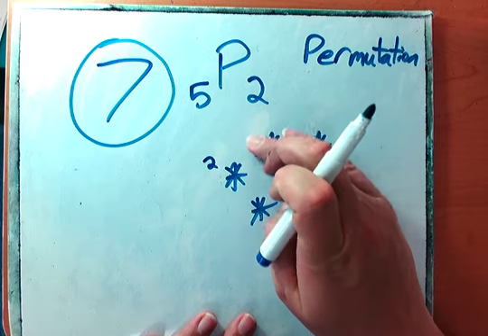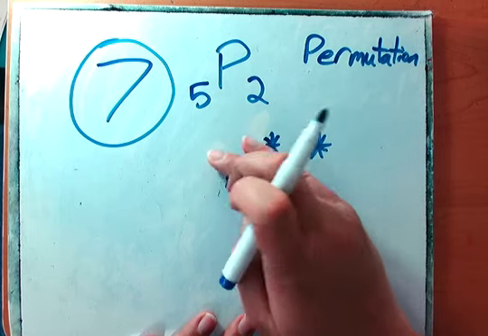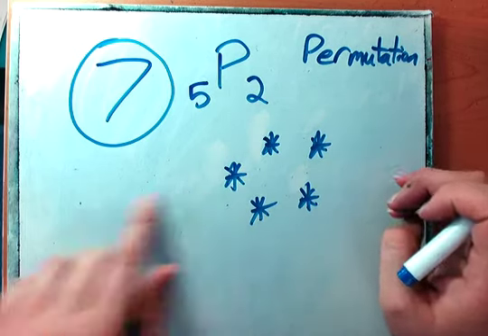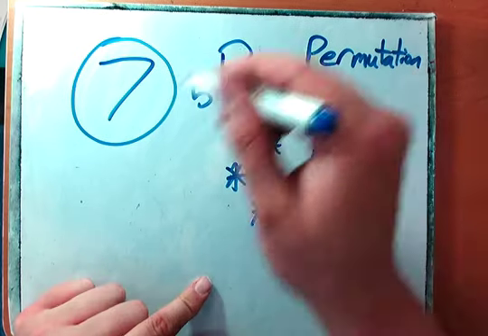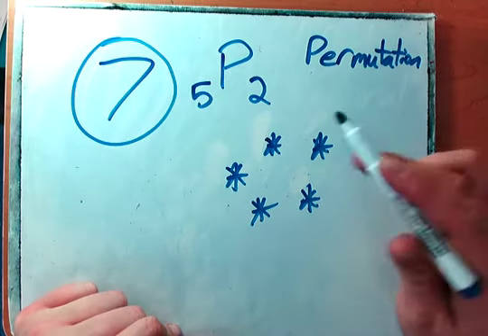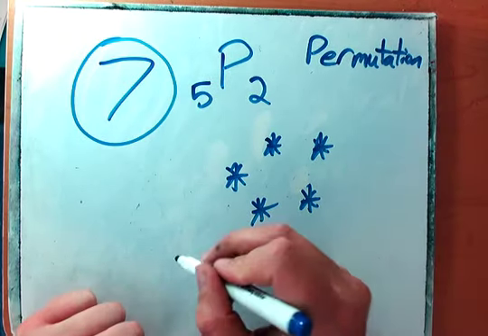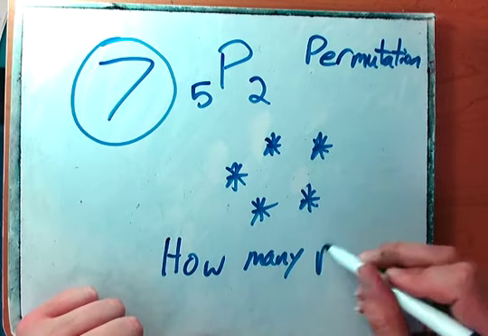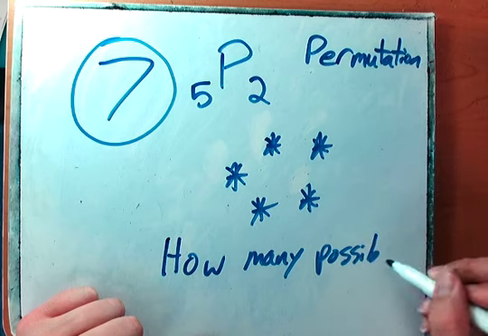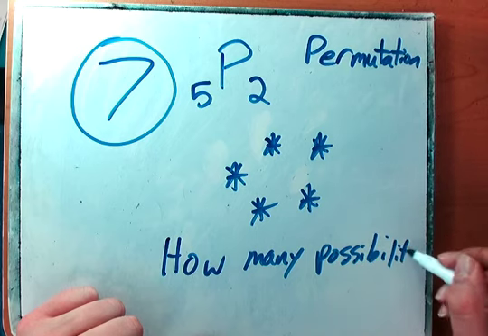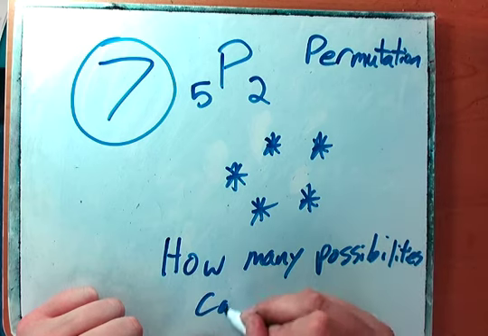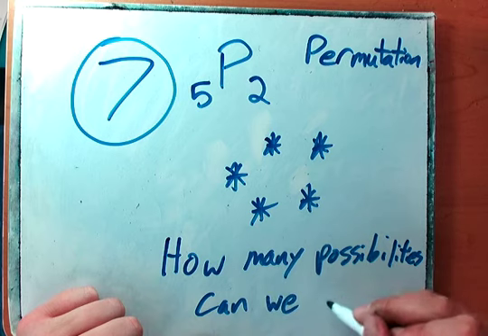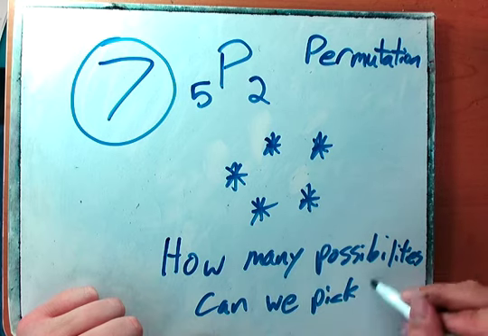Sometimes I really need to know how many options there are that exist. That's what P and C are doing. Questions 7 and 8 are telling us how many possibilities can we pick or choose.